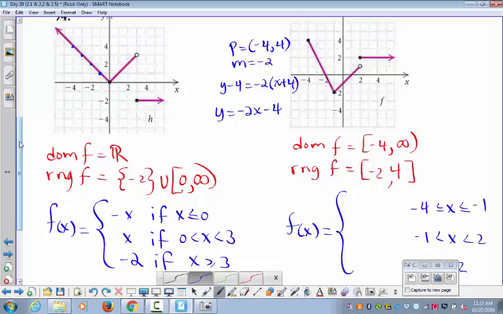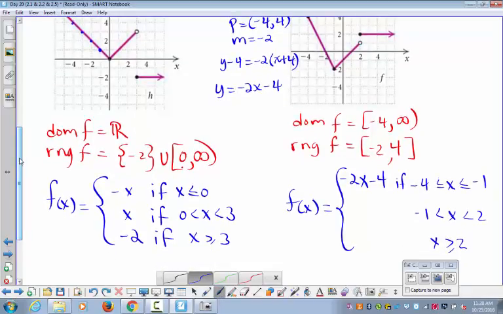And that lines up with where we see the y-intercept would be. So -2x minus 4. Usually I put in the if. Does that look good? Remember how to find the equation of the line? So point and slope.